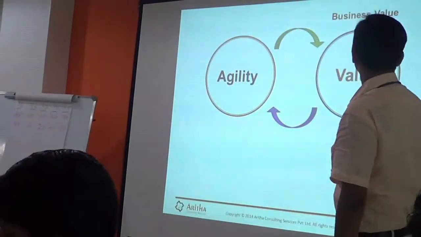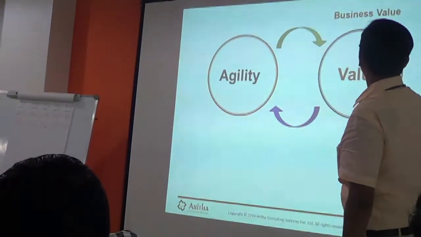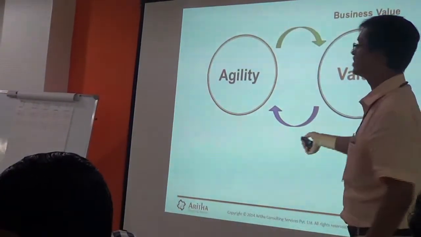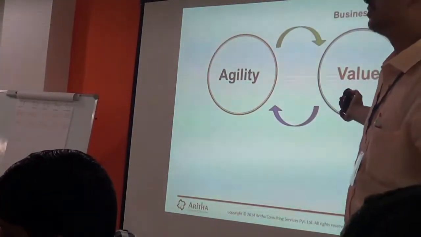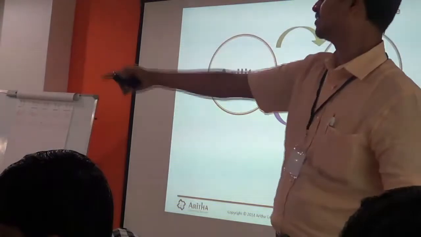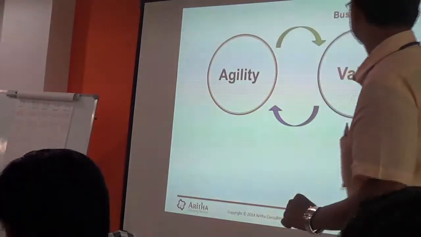That's why it's very important to recognize that there are two aspects of value. The theme of this session was agility and business value. Business value is for the end customer, and sometimes, depending on the scenario, there will be intermediate stakeholders.